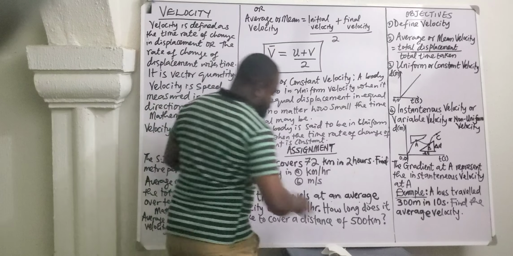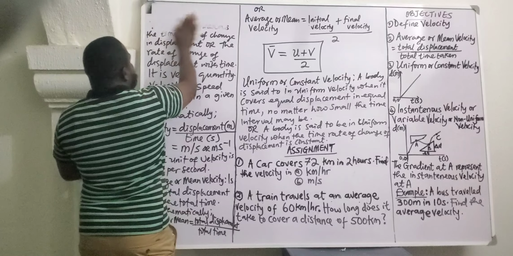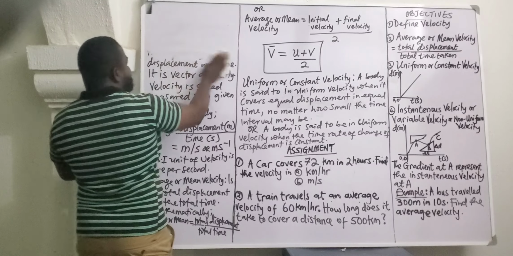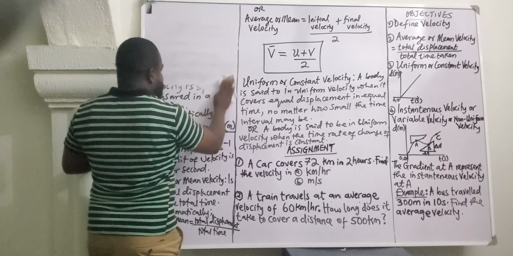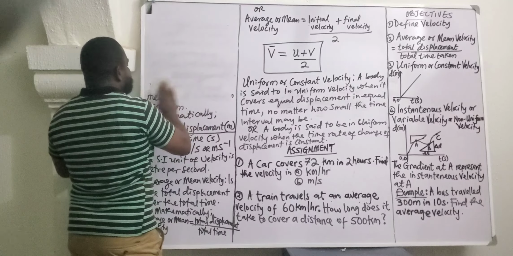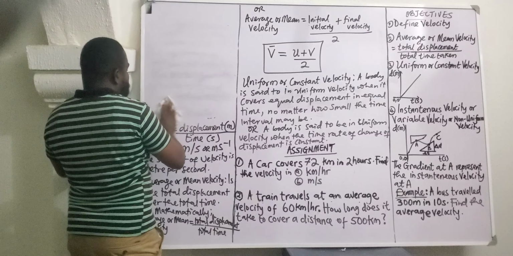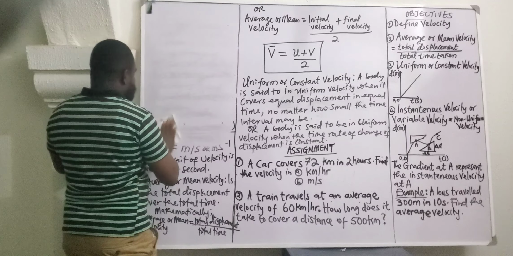Remember, this means that the displacement is equal for every phase of the motion or journey. Likewise, the time to cover each displacement is also what? Equal for every phase of the journey.